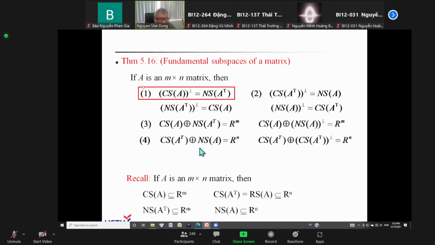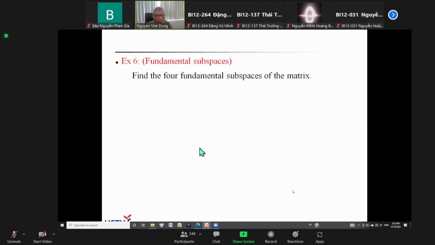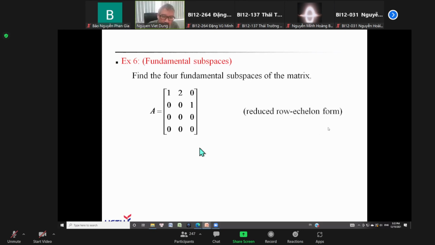We need to remember only one thing here, and you can imply the other relations. And here is an example for you. Suppose that you are required to find the four fundamental subspaces of the matrix A. A is given here, already in reduced row echelon form.